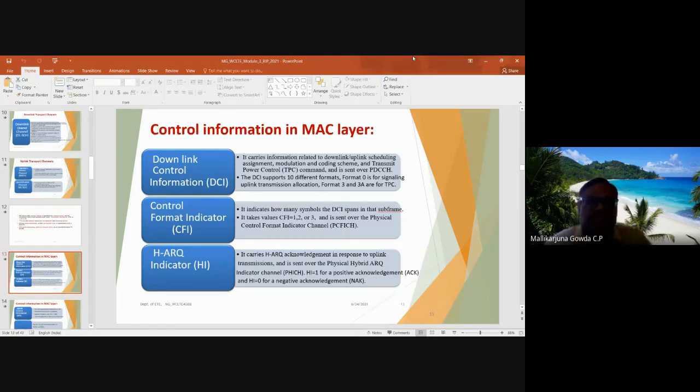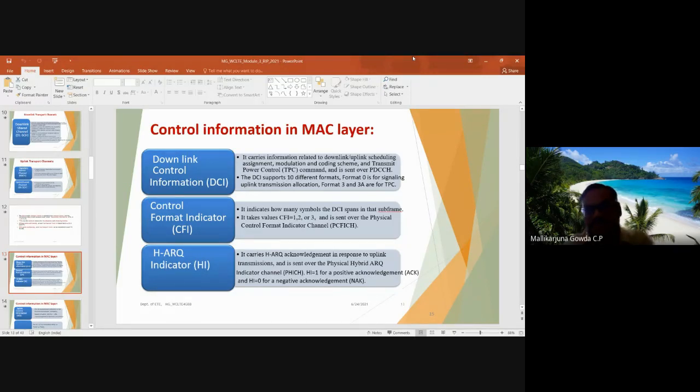The next one is the control format indicator, that is CFI. This CFI indicates how many symbols the downlink control information spans in that subframe.